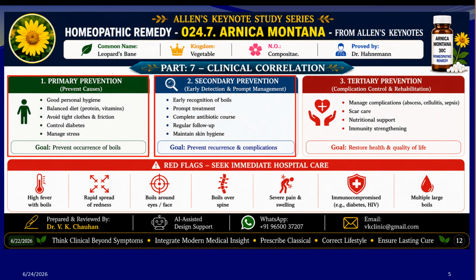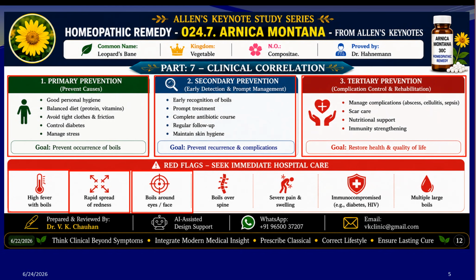Now, please remember once again what are the red flags. We have high fever is a red flag. We have rapidly spreading infection is a red flag. Boils around the eyes, face, nose, they are small, but their nuisance value is so big that they can create a cavernous sinus thrombosis.